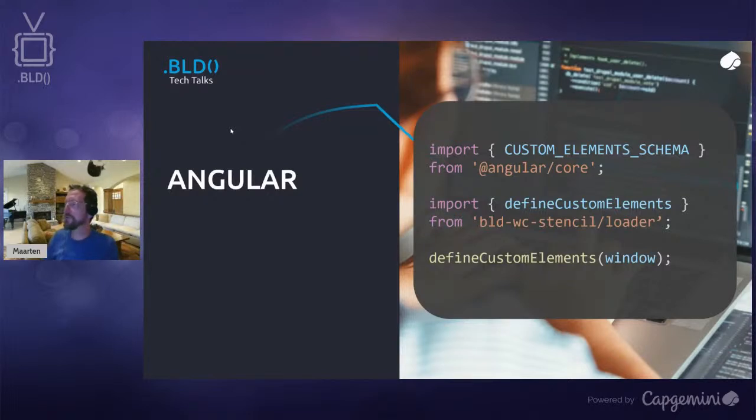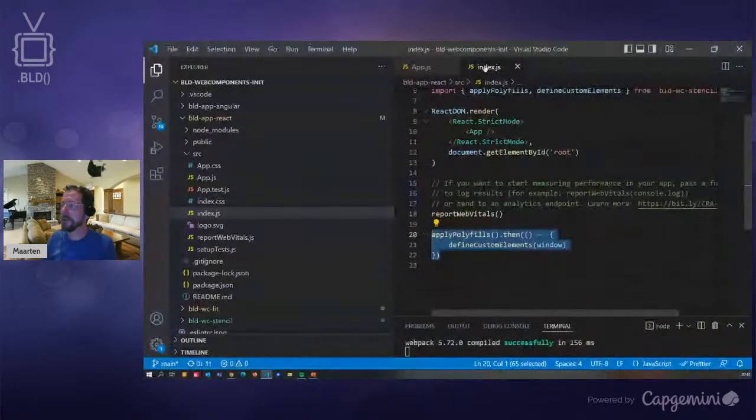From the Angular core, you need the custom elements schema. And from the BLDWC stencil / loader, you need to define custom elements. And apparently we don't need the apply polyfills because that's what Angular does for you. Well, that's nice. Let's have a look.